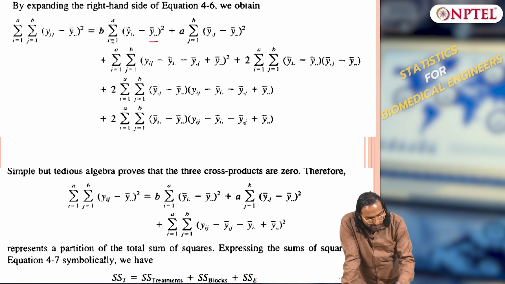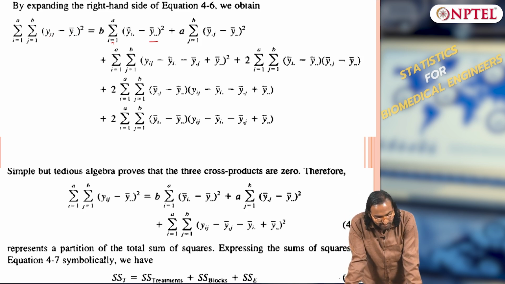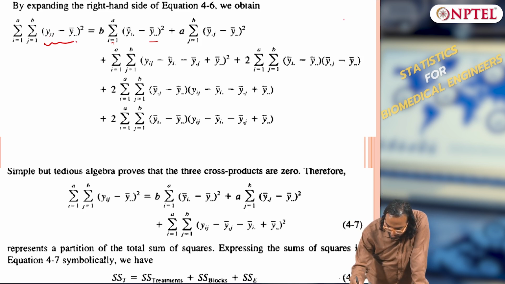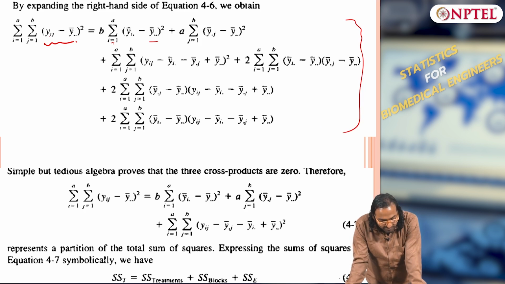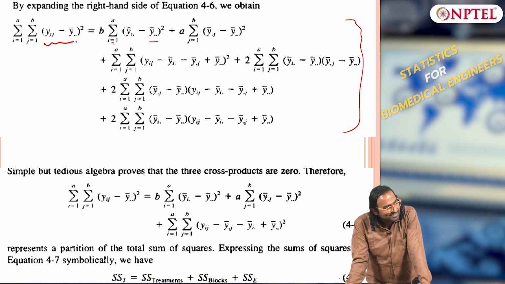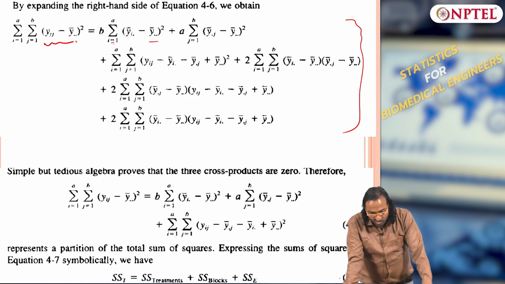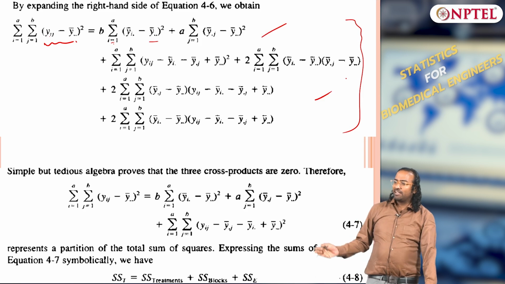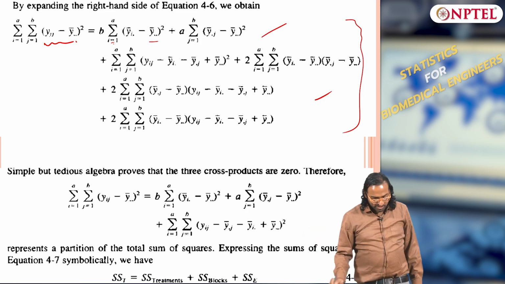How did I get this, by expanding? I should add and subtract the same quantity, right? I cannot add different quantities. Actually both are added and subtracted. You try doing this. I have shown here how it is done.